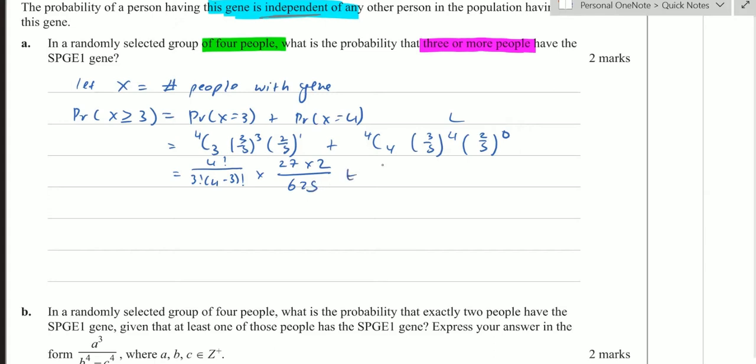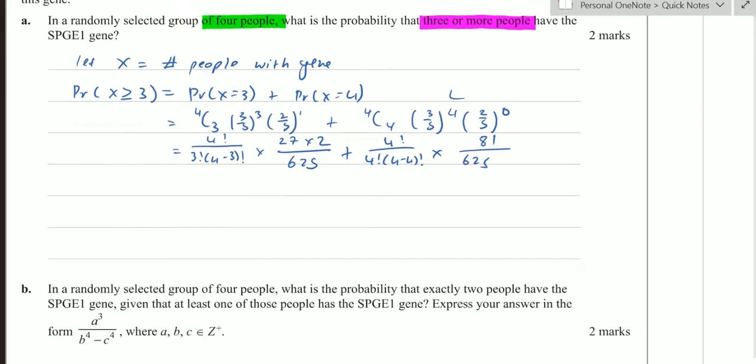And then simplify the other side, 4 minus 4 times, so 3 to the power 4 is 9 squared, so that's 81 and 625. So you can see the denominators are the same. Then you just keep simplifying it, but eventually you get 297 on 625.